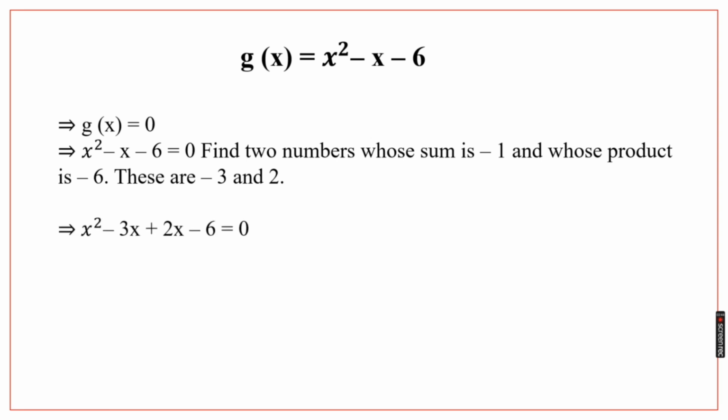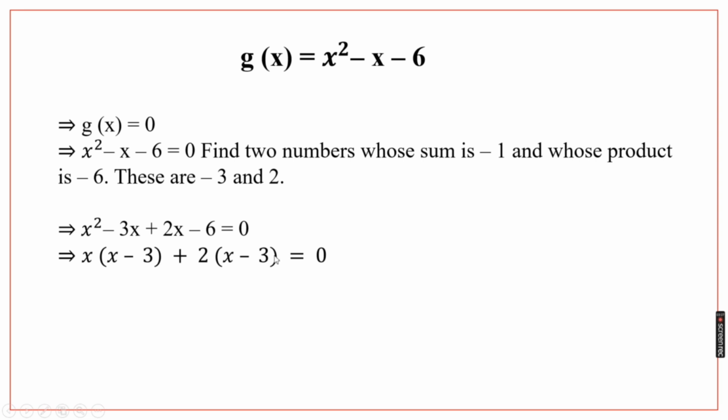So in place of -x, we will replace -3x plus 2x, because it is the same. -3x plus 2x is -x, so there is no difference. Collecting like terms, from this x we will pull out x, x minus 3, plus from this value is 2, because 2 times x is 2x, and minus 2 times 3 is 6, equals 0.